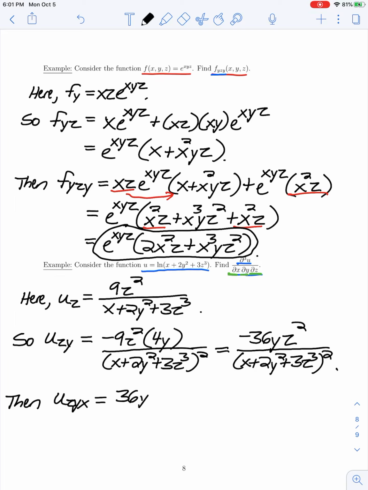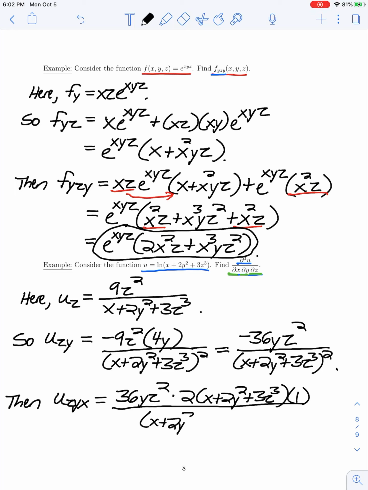So subtracting a negative 36 yz squared gives us positive 36 yz squared, times the derivative of the denominator with respect to x. So by the chain rule, we would have 2 times x plus 2y squared plus 3z cubed to the first power times the derivative of that inner function with respect to x, which would just give us a 1. And that is all over our denominator squared. So we now have this polynomial to the fourth power.